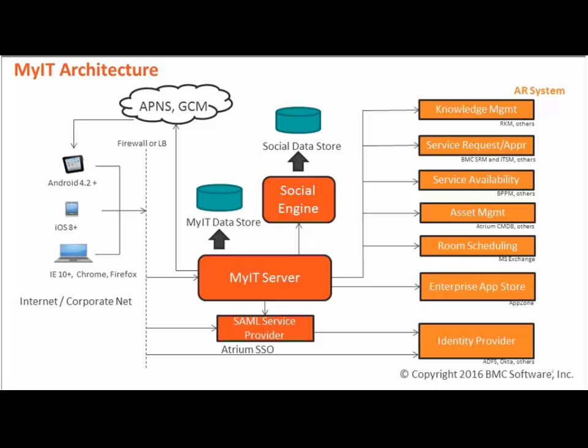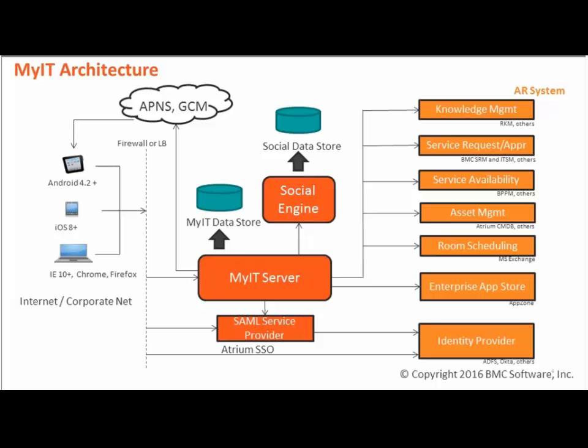So as you know, MyIT supports iOS and Android. So we have native applications which we build on iOS and Android. To support these two applications, if there is a notification that we need to push to these devices, we heavily depend on the APNS and GCM push technologies.